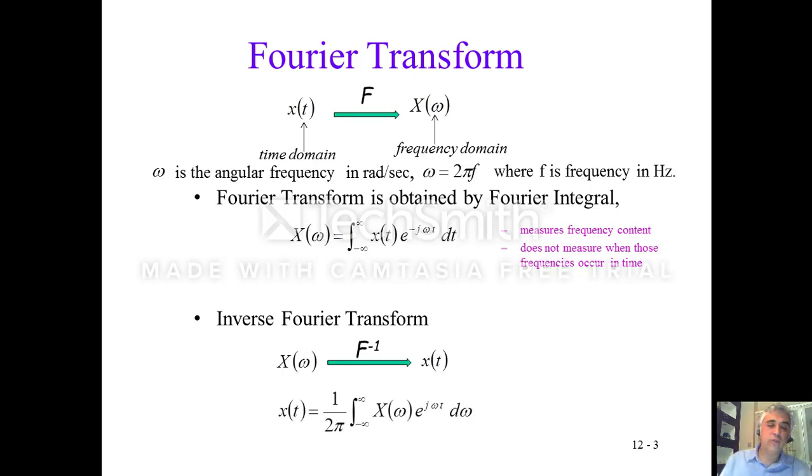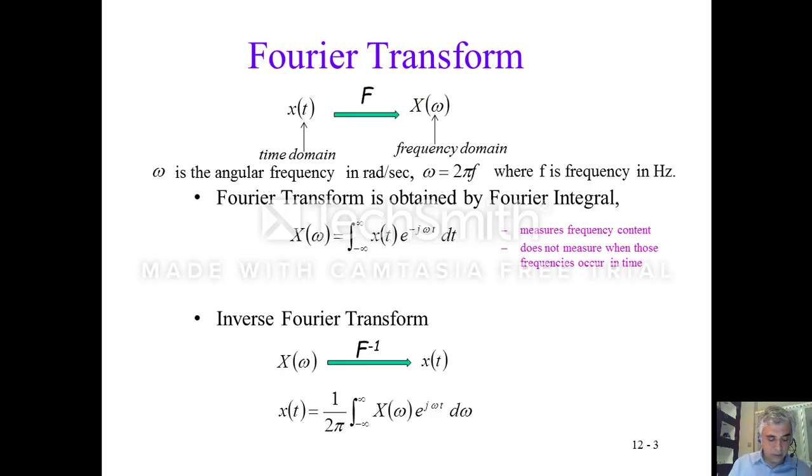The integral form of the inverse Fourier transform is the integral from minus infinity to plus infinity of capital X of omega e to the power j omega t d omega, and the whole thing is scaled by 1 over 2 pi.